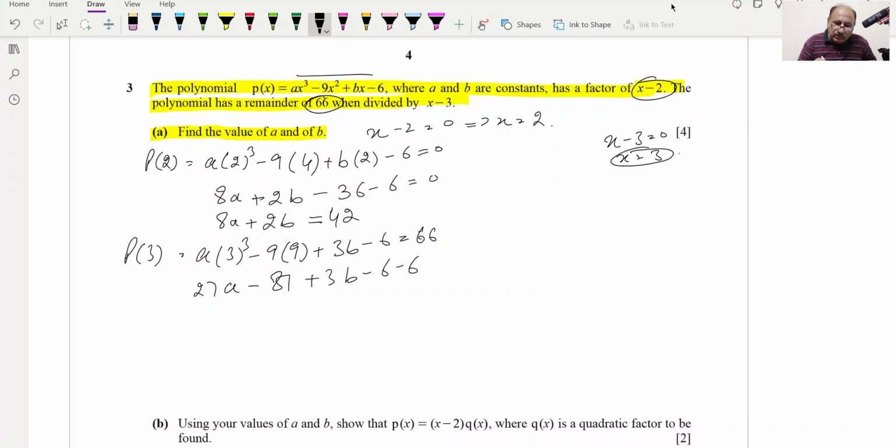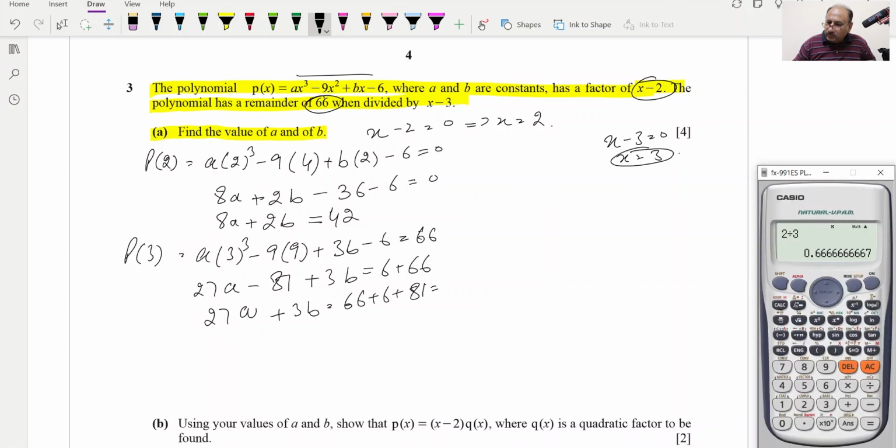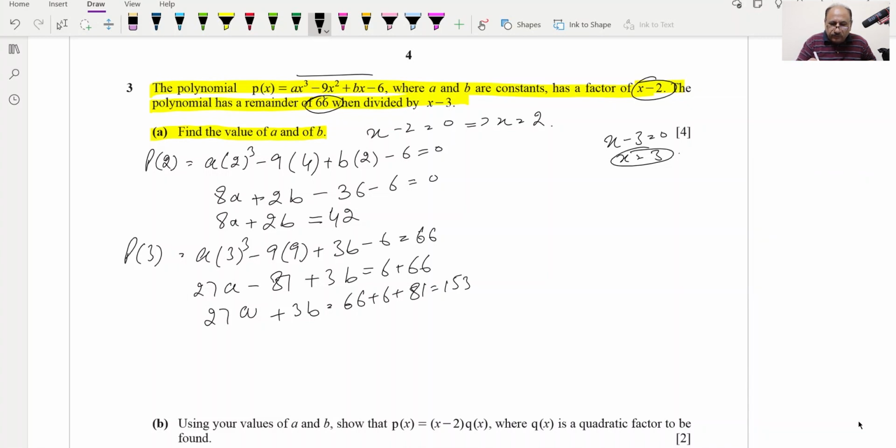Or we can do one thing, we can shift 6 to the other side, so plus 66 this one, and further we can write it as 27a plus 3b is equal to 66 plus 6 plus 81. We can add 66 plus 6 plus 81, and this is equal to 153, so we can write here 153.